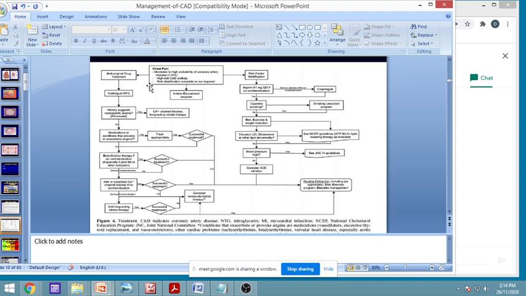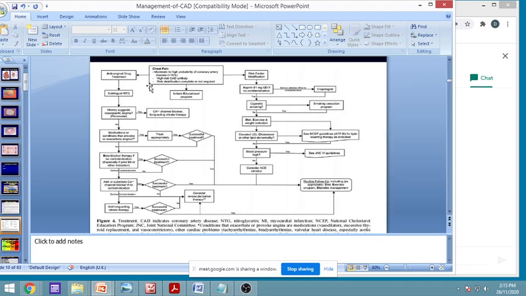Now if it is not severe, then an educational program, that is lifestyle management, is very, very important and helpful. But if it is slightly major, then go for anti-anginal treatment, like sublingual nitroglycerin or isosorbide dinitrate. All these drugs we have seen in pharmacology.